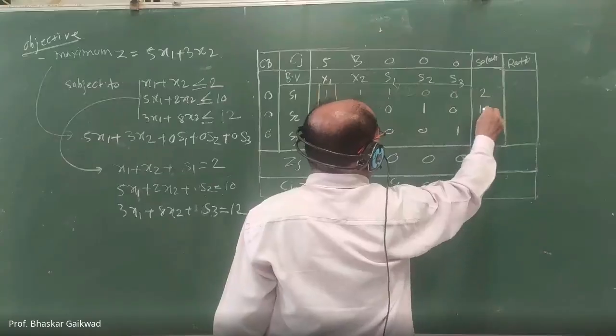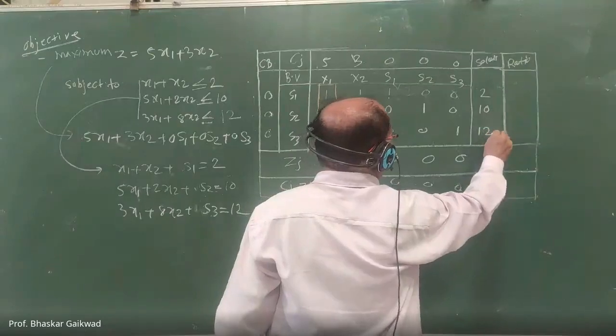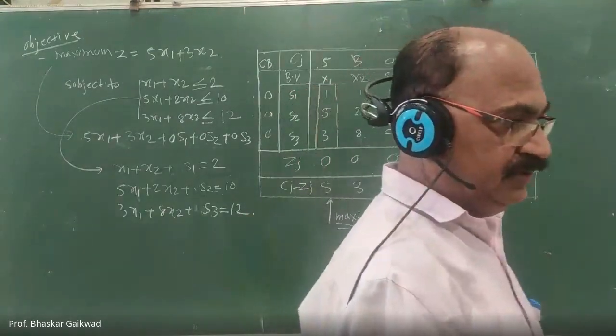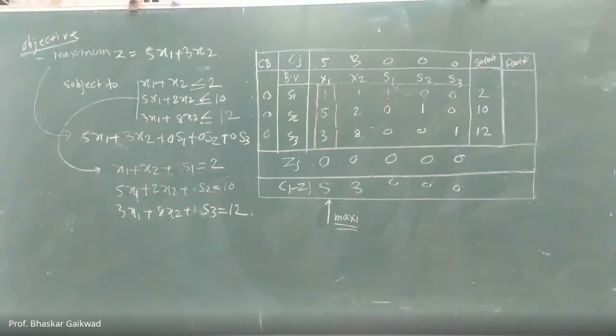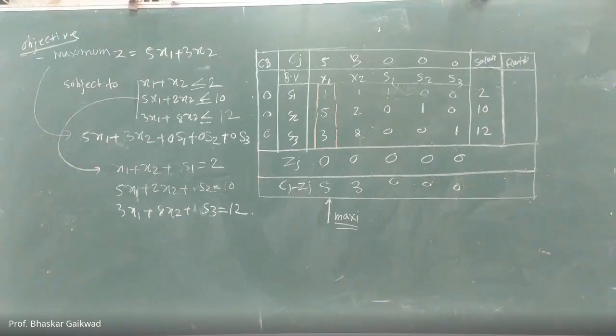What is the value, 2? 10? 12? Correct? Solution column, that is 2, 10, 12. Now in this column you have to find out the least number, but how to find it?